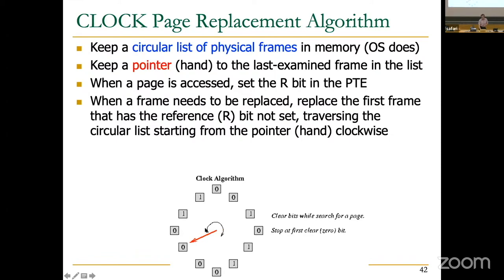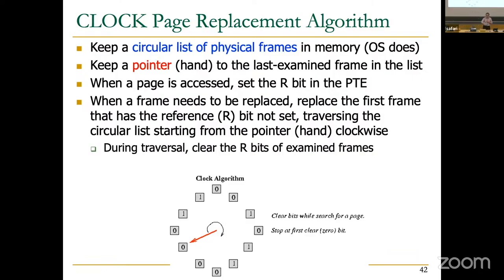And then you move the clock hand to this one. And then this is not set. If you're going to replace, that's going to be replaced next. And then this will point to 1 over here. You're not going to replace whatever is 1. So you go and find the first 0. Makes sense? Basically, the goal is to find the first non-accessed or not recently accessed physical frame.